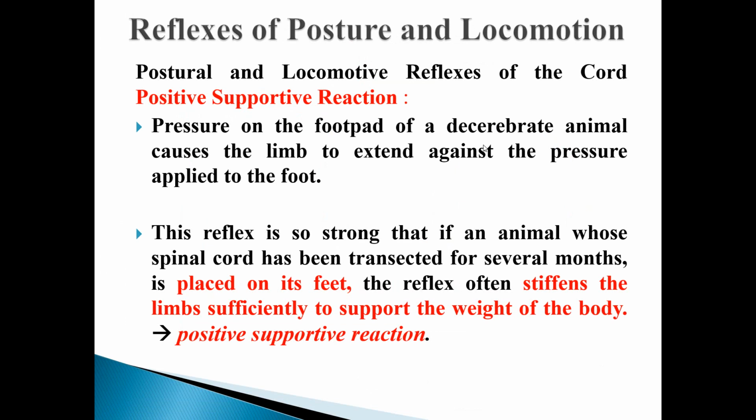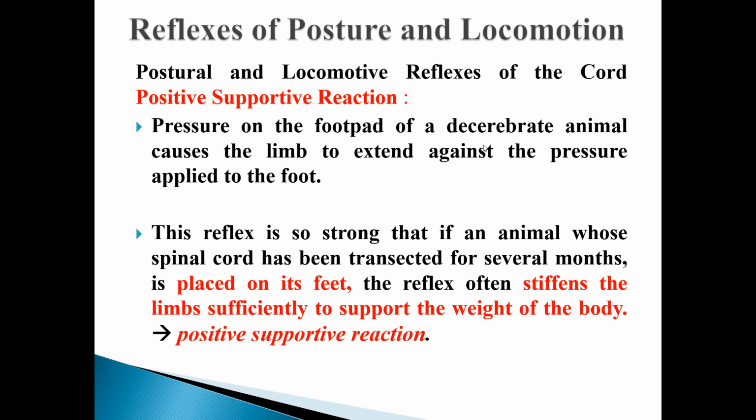Now, reflexes of posture and locomotion. What are the reflexes for? Reflexes for posture and locomotion. Postural and locomotive reflexes of quadrupeds. Positive supportive reaction: pressure on the footpad of a decerebrate animal causes the limb to extend against the pressure applied to the foot.